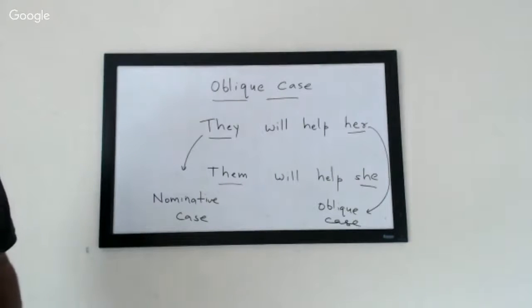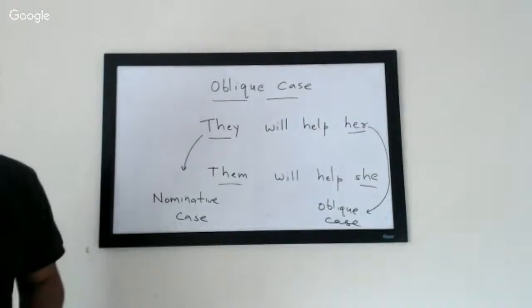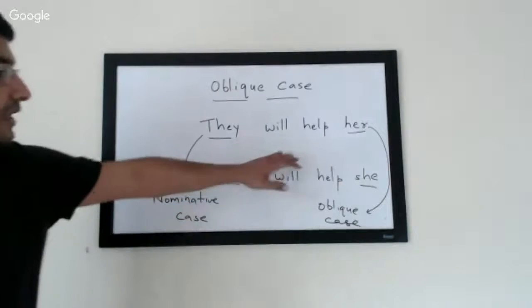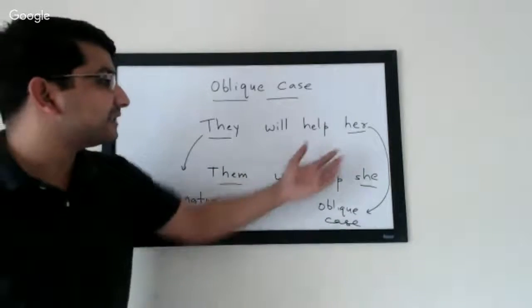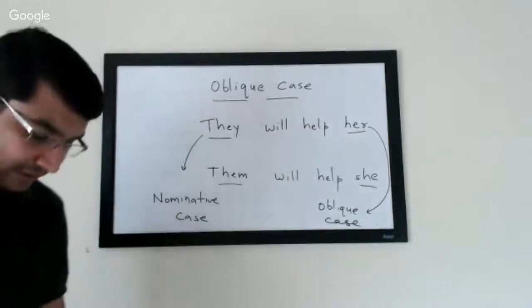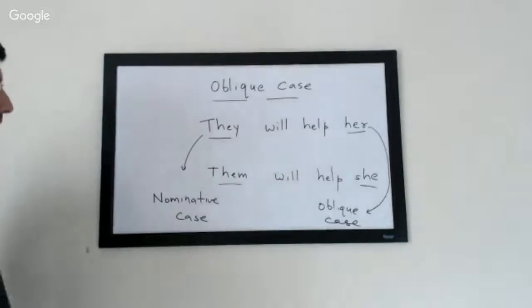Okay, that's right. One of the comments says it's because it is dative, when an action is executed over an object. Okay, so the object is receiving the action directly. That's right.